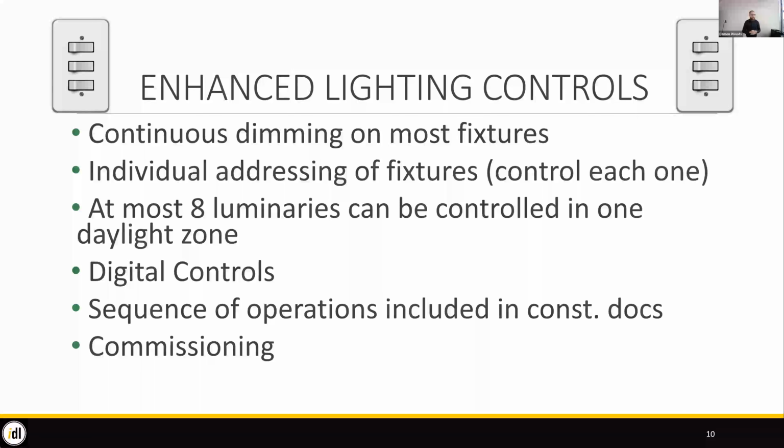And if you have a daylight zone, you can have no more than 8 of those fixtures tied into one photocell. It also requires digital controls. It requires a sequence of operations to be included in the construction documents, and it requires the lighting control system to be commissioned.